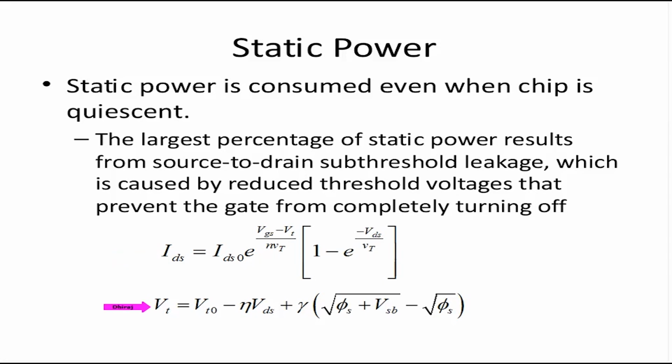So this is the VT formula: VT naught minus theta VDS plus gamma. This part of the equation here is related to the effect of the bias voltage.